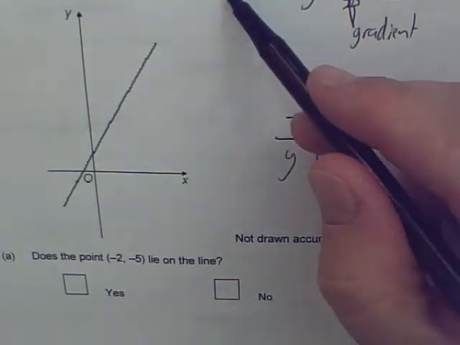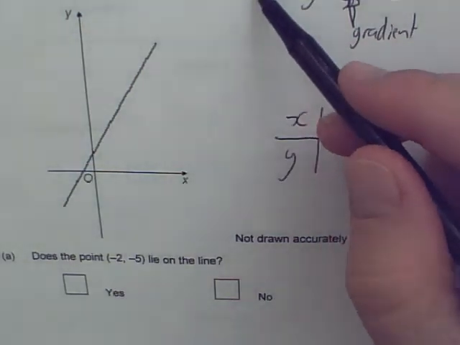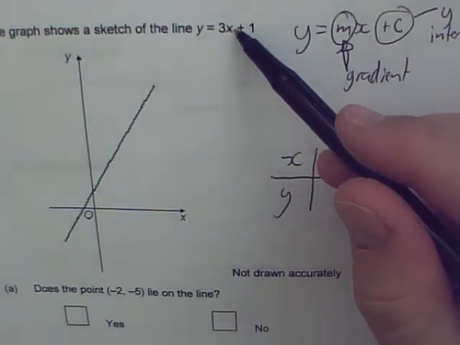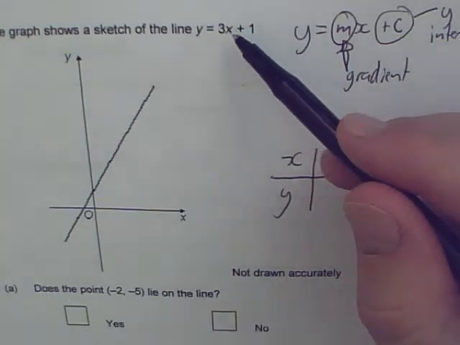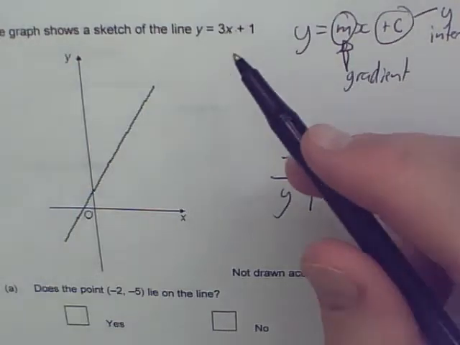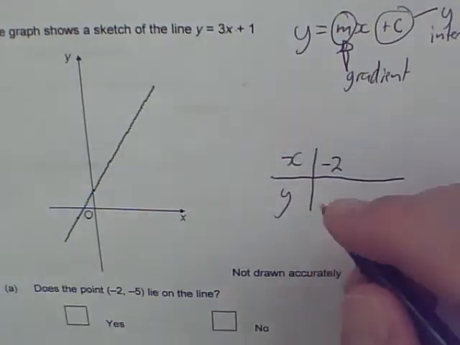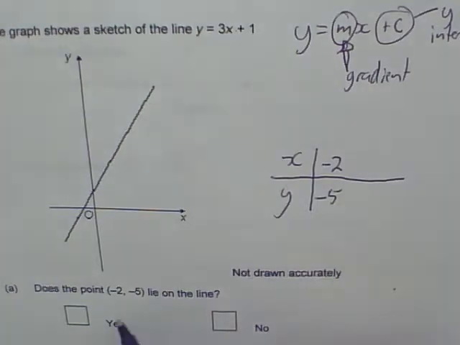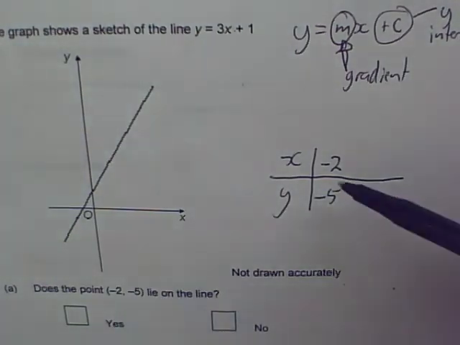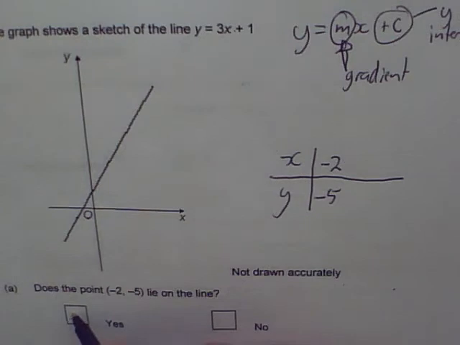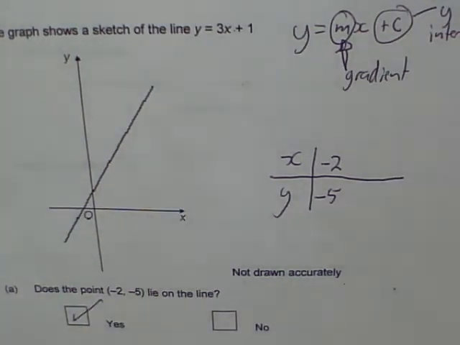Right, well, 3 lots of minus 2 is minus 6. Minus 6 plus 1 is minus 5, right? I go up 1, I'm at minus 5. So it does work for minus 2, minus 5. Yes, when x is minus 2, y would be minus 5.